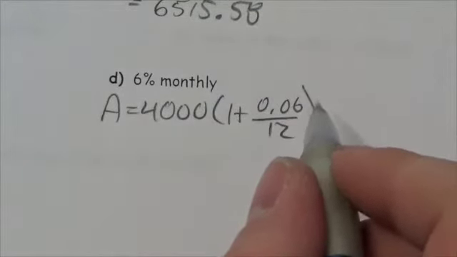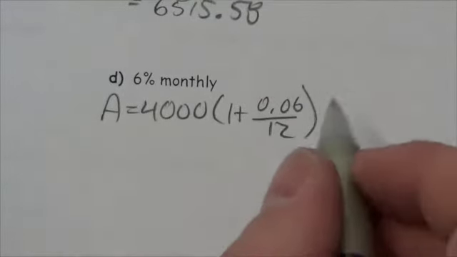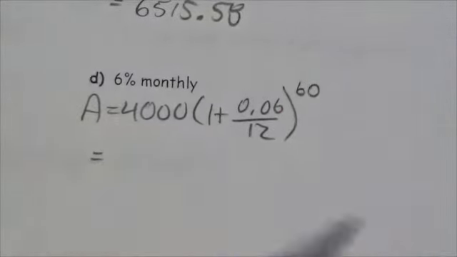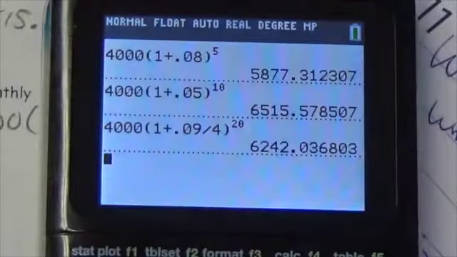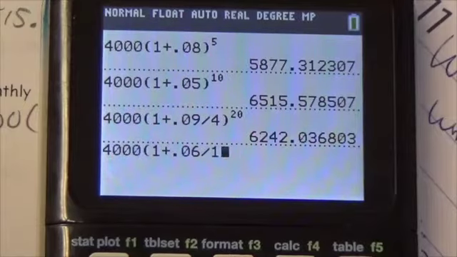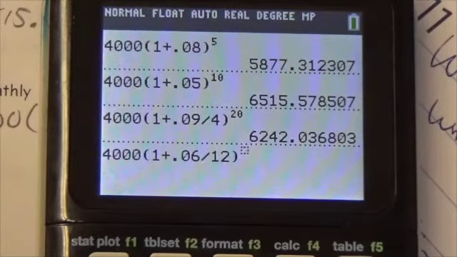Now, monthly for 5 years, that's going to be 60 compounding periods. So here we go. 4,000 times 1 plus, well, 0.06 divided by 12. Okay, close those brackets, and we're going to raise that to the 60. 5 years, 12 times a year.